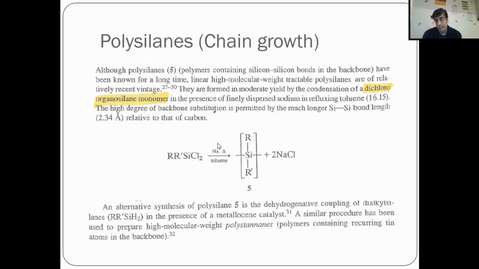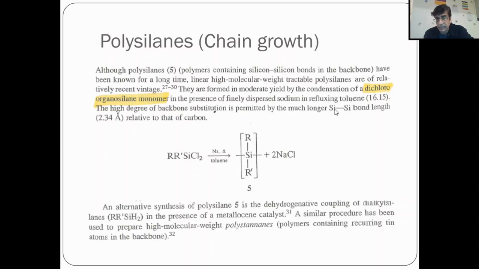That is why this reaction takes place in absolute dry toluene, so no moisture is allowed. So that's how the reaction will take place. One Cl is removed, and then the first monomer connects to the second one, and then the second to the third one. That is why it is called chain growth. The chain growth mechanism is exactly the same. First you need initiation, then propagation, and then termination.